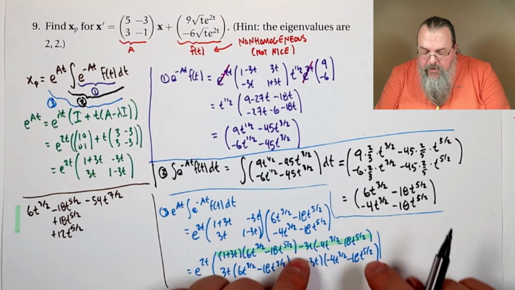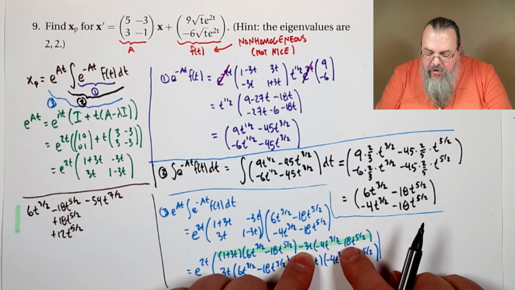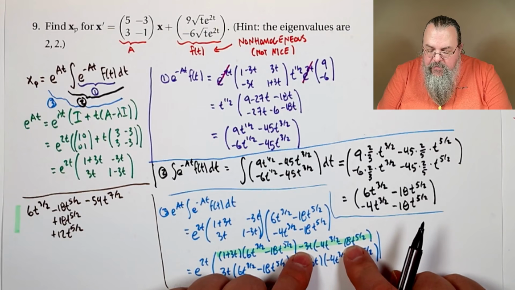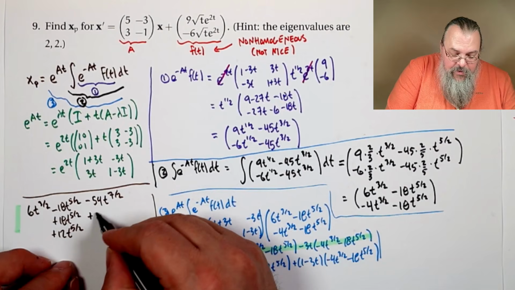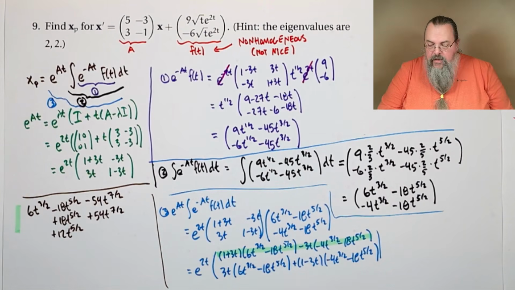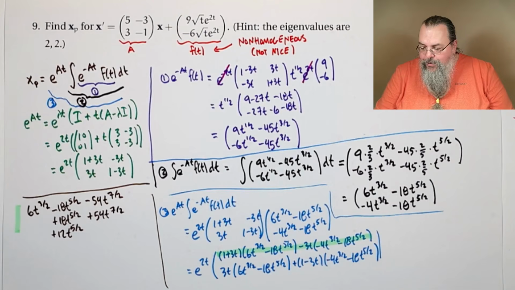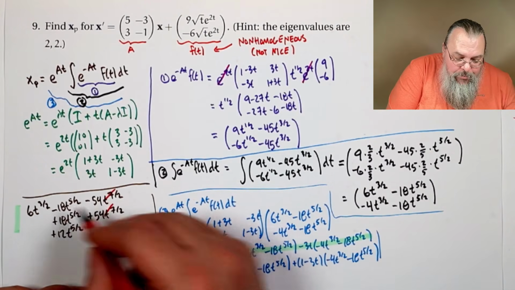And then we'll have minus 3t times minus 18t to the 5 halves. Well, that's going to be a plus 54t to the 7 halves. So plus 54t to the 7 halves. And now we see the cancellation.